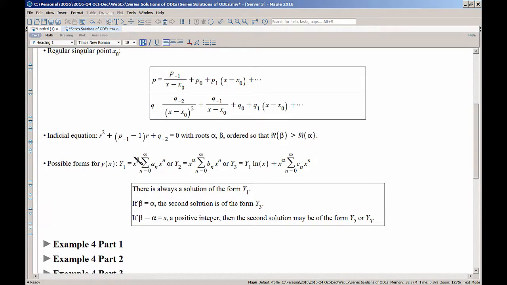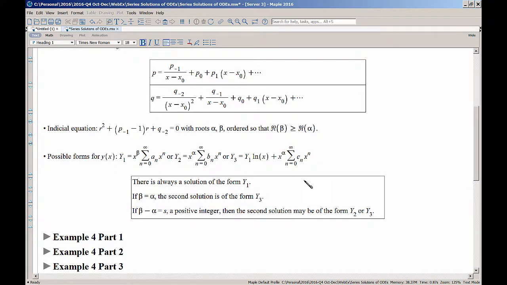It's not a power series because of this factor out front if this is not a positive integer. There's a possibility that a second solution will exist with an x to the alpha out front of a power series. And then there's the nasty case where this solution might look like a logarithm times this first solution plus something that looks like y2.